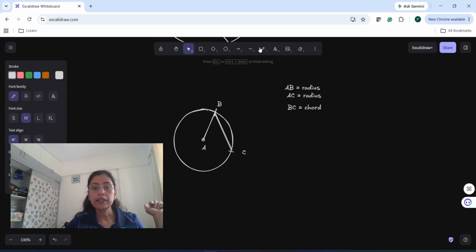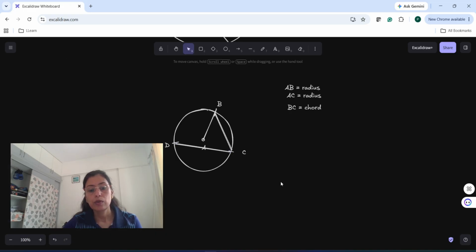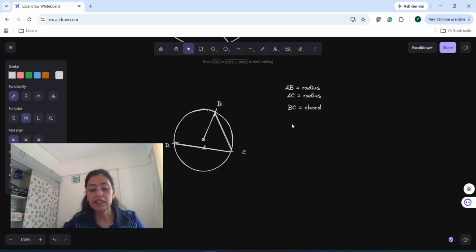For example, if I have a point here and I call it D. Now I join C and D. What is CD then? CD is a chord. Okay, so CD will be a chord.